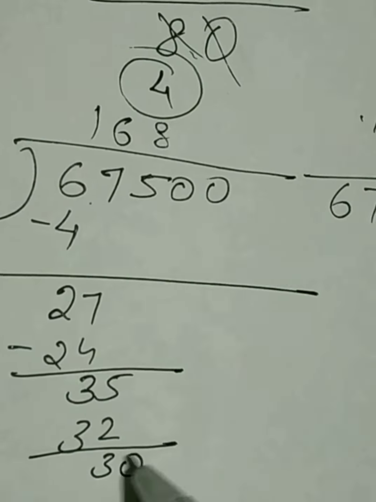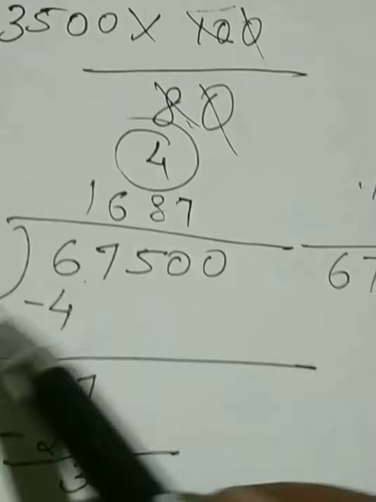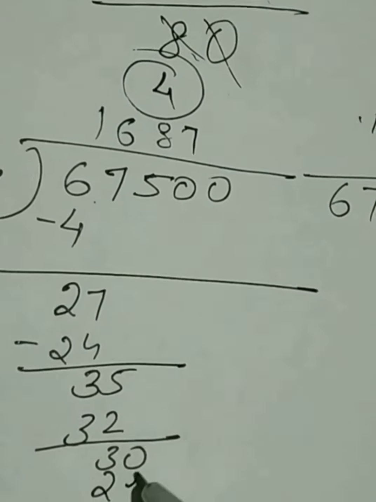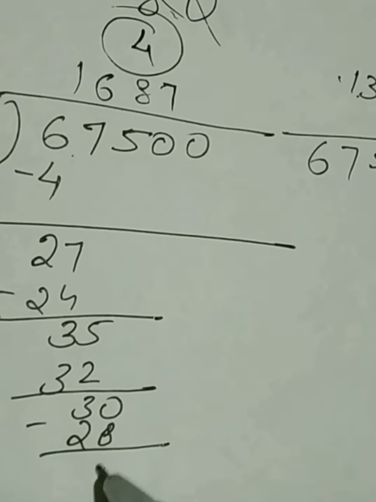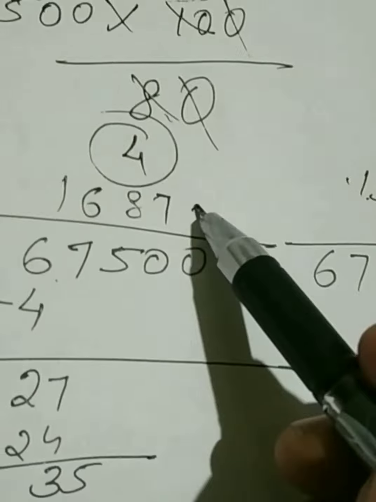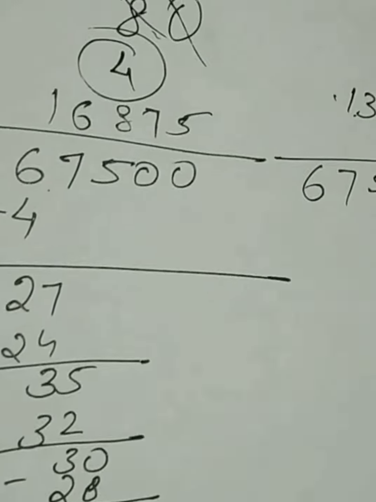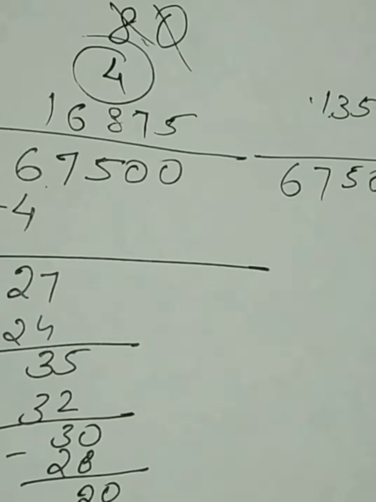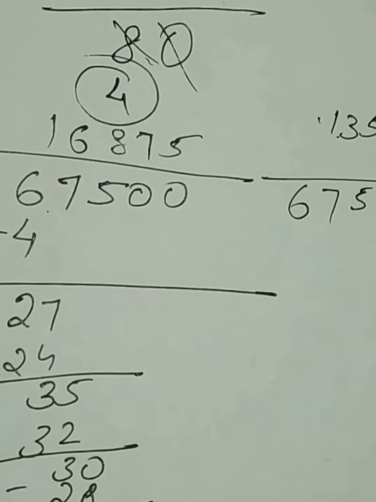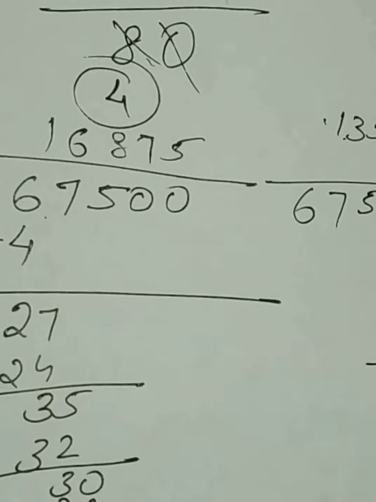Then 30, then 7, 7 4s are 28, then subtraction, then 20, 5 4s are 20. So the cost price is equal to 16,875.